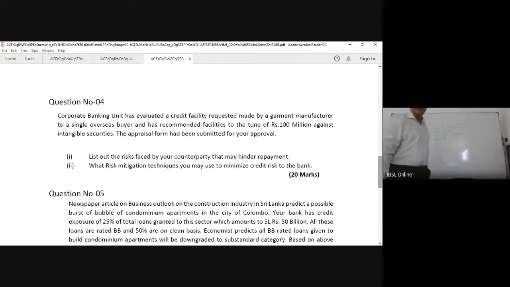Covenants, we said, are financial or non-financial, which could include certain conditions. If you have analyzed his balance sheet and decide that he should not declare any profits to his directors or shareholders, you could say dividends cannot be paid without the bank's permission. So you restrict money moving out of the company, and you cover yourself.